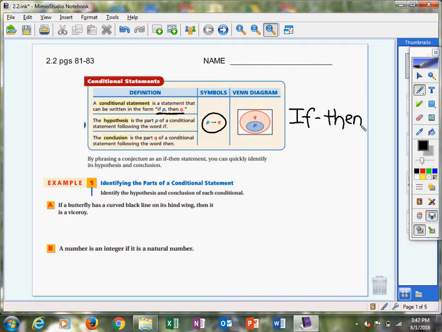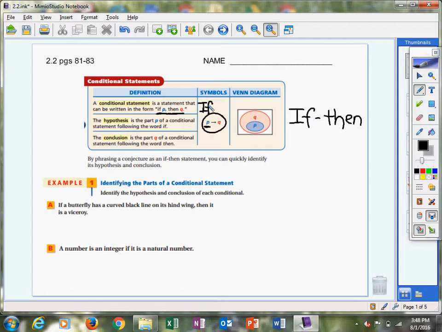Now the if part of it, that's going to be part P. That's the if part. That's on the left. Not always written on the left, but that's how we write it using symbols. The hypothesis is the part P of a conditional statement following the word if. So you locate the word if, and the phrase that immediately comes after the word if is your hypothesis.